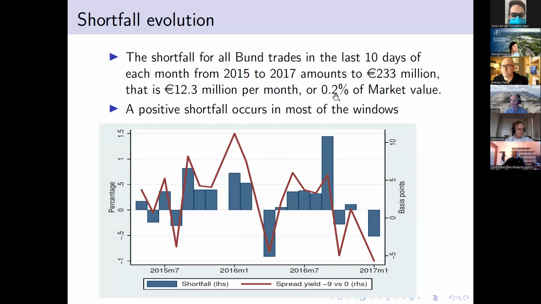I was trying to find the data on how much they actually purchased. It's roughly 13 to 17 billion dollars per month. I think they bought about 127 billion worth of German bunds for that period of time. So if you put 233 million in relation to 127 billion, of course it's better to save 233 million rather than hand it over to dealers, but it's not enormous.